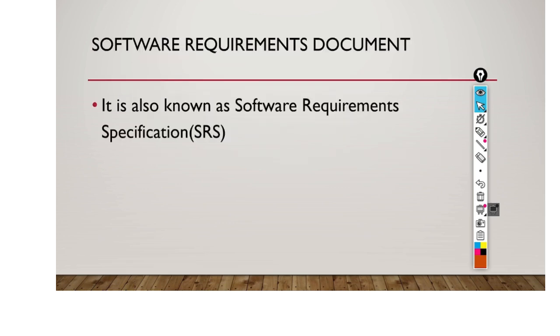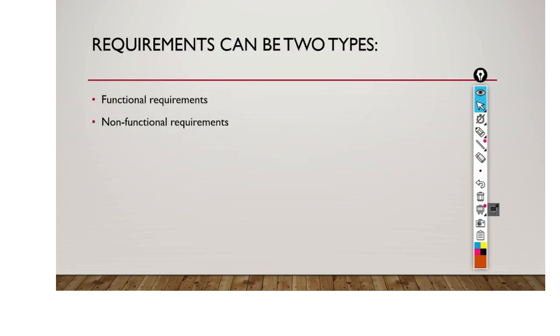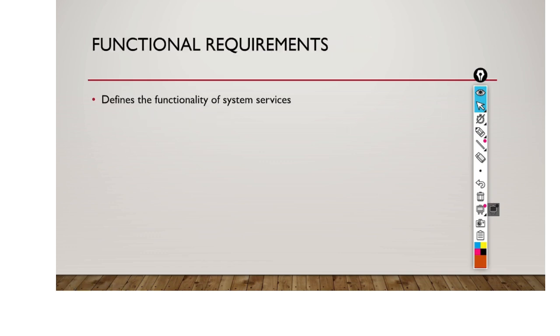So here, requirements can be divided into two types, called functional and non-functional requirements. Functional requirements define the functionality of the entire system or the functionality of the system services.